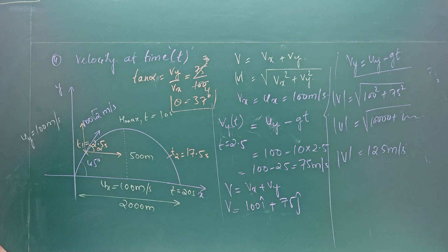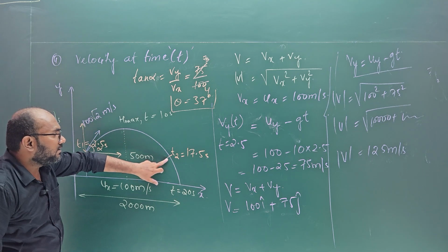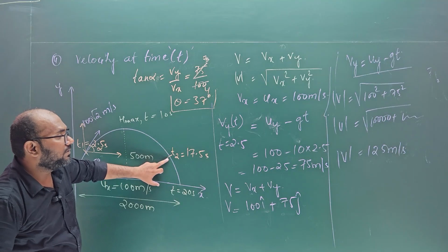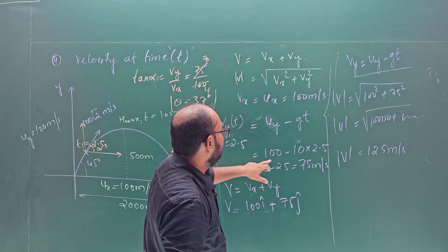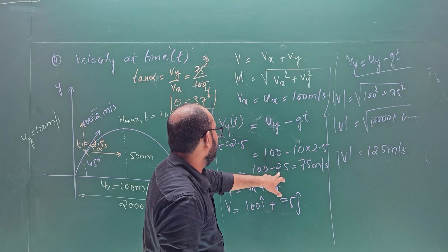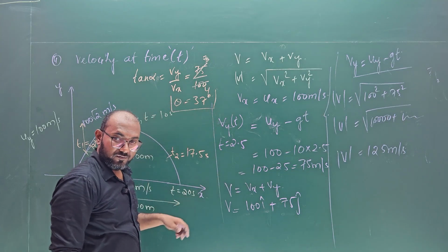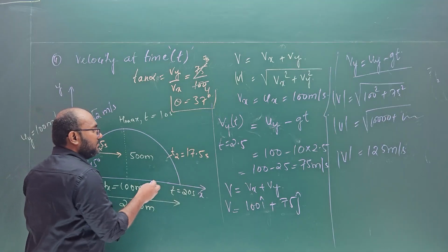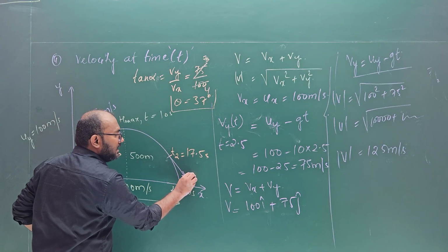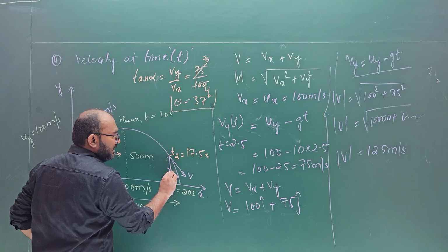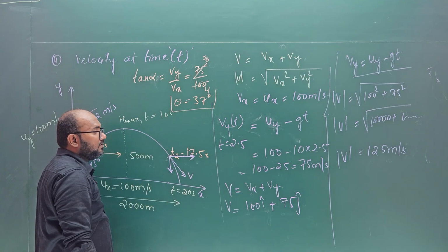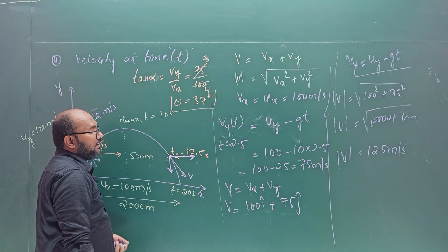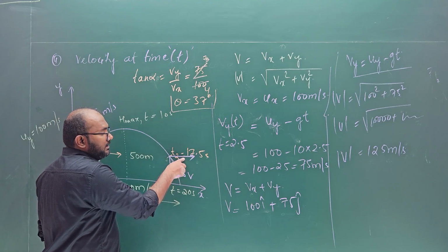Yes or no? This is how we can calculate velocity at any time t, or we can also calculate at this value also. If I substitute over here, that is 17.5. That means this becomes 175. If I subtract this, it becomes negative. Obviously this comes in negative. Why? Because this is your tangent velocity, this is the Vy direction, and this is your Vx direction. Just now I told you that alpha is the angle between the tangent and the x-axis.